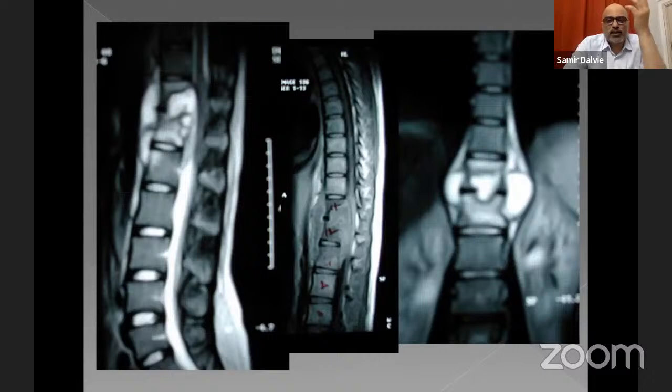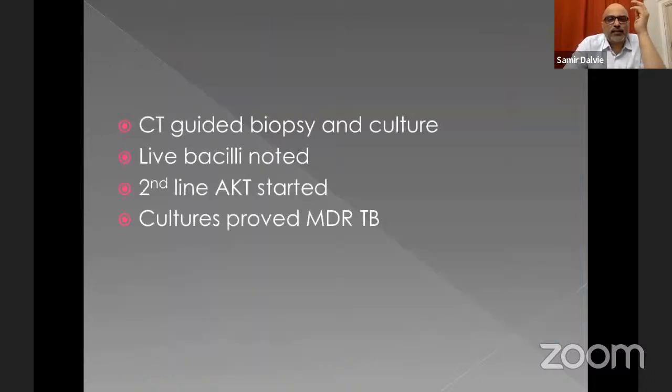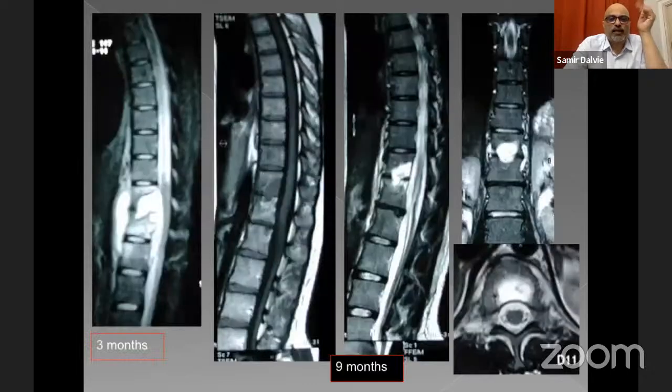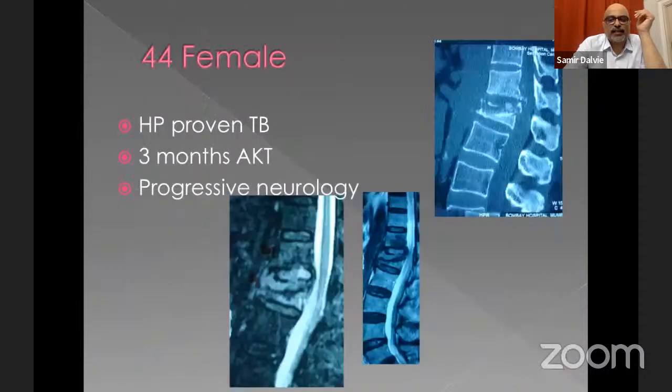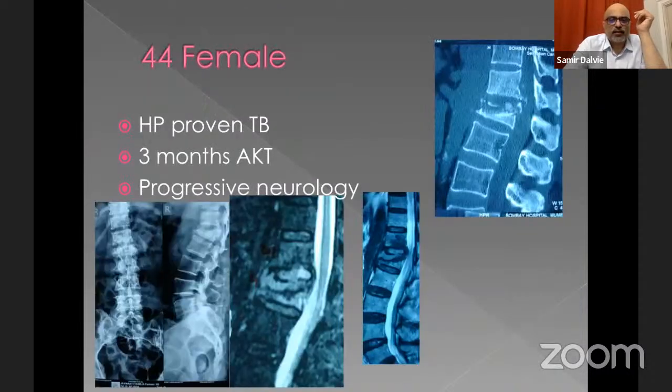We did another biopsy, and in the biopsy, live bacilli were noted. After 4 months, if there are live bacilli, it means that the drugs have not worked. So we started second line AKT, and the cultures then proved MDR. With second line AKT, this completely healed up. So it didn't need surgery.